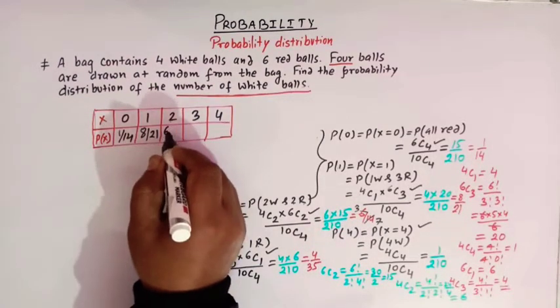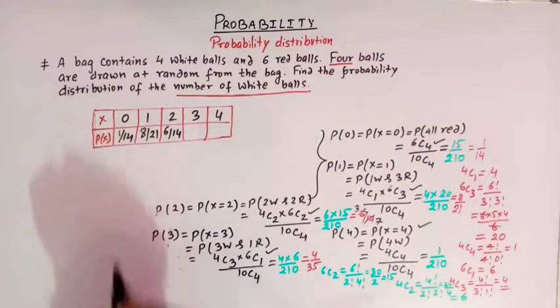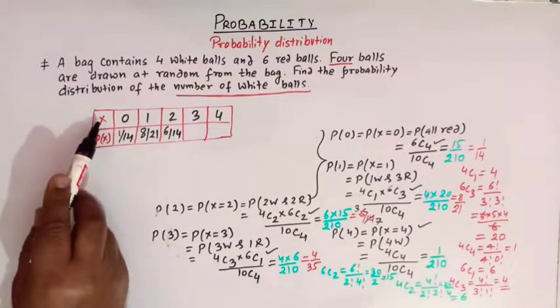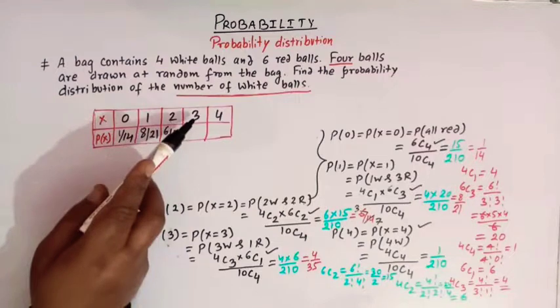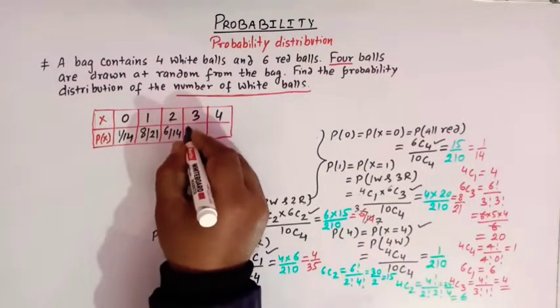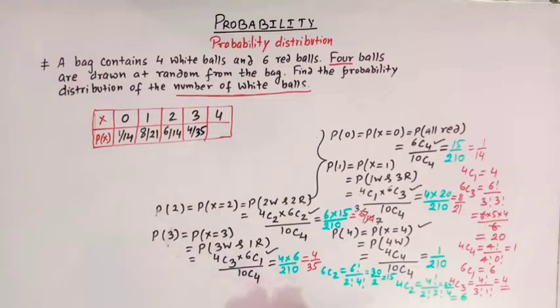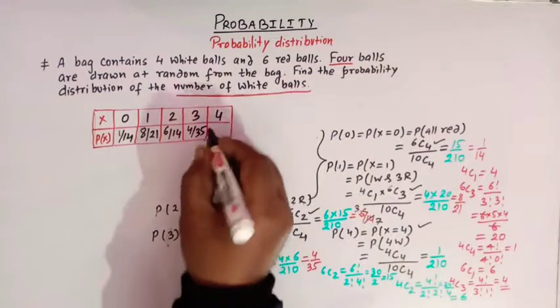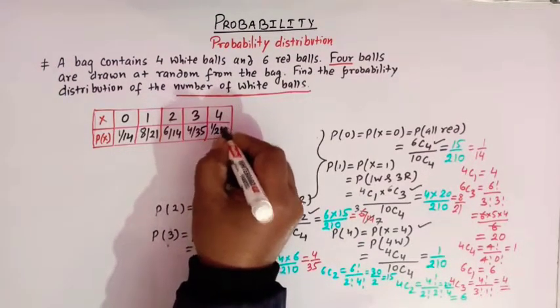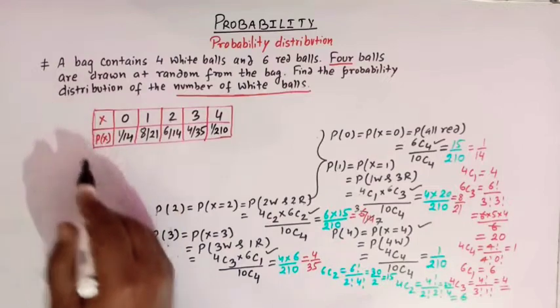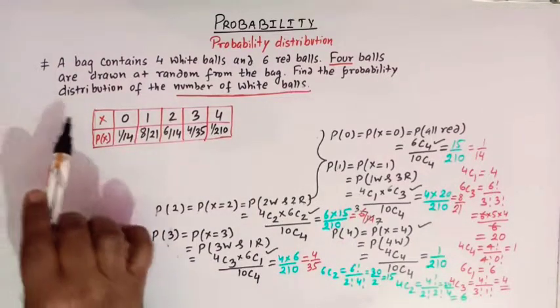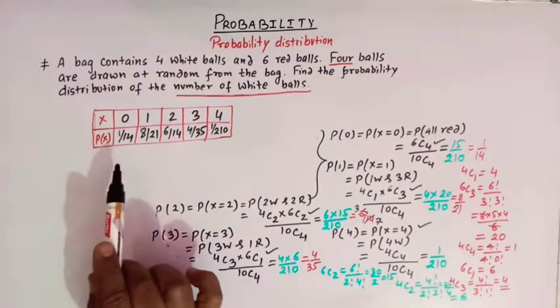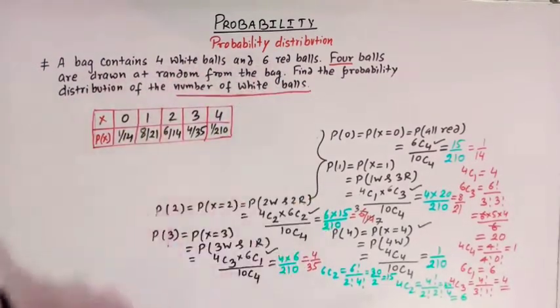So here we'll prefer 6 over 14, and P of 3, which is the probability corresponding to X is equal to 3, is 4 over 35, and for X is equal to 4, P of 4 is 1 over 210, right? So this is the required probability distribution of the number of white balls when we have 4 white balls and 6 red balls, and we have to draw 4 balls at random from the bag.